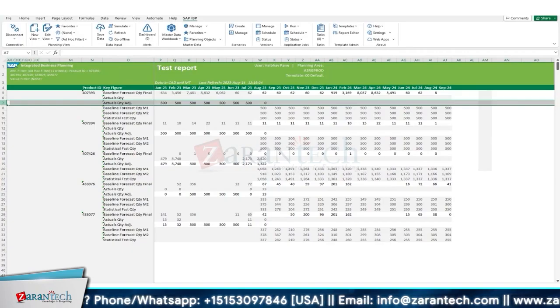That's why you see all the actuals are replaced with 500 quantity from January until August, because you have given the period of 7 months, correct? In the first case, we had put that replace value with 500 if there is no sales history. And for the first product, that is 407393, you do not have sales history. So it has replaced it with 500 quantity, okay?